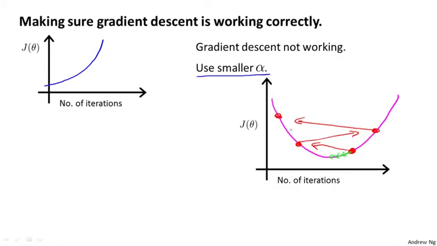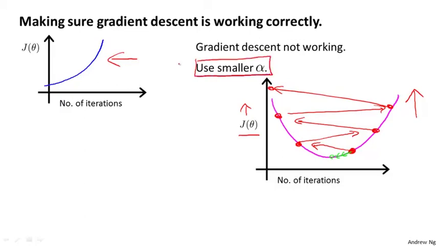But if the learning rate is too big, gradient descent can keep on overshooting the minimum, so you end up getting worse and worse, getting to higher values of the cost function J of theta, and you end up with a plot like this. If you see a plot like this, the fix usually is to just use a smaller value of alpha. Also, of course, make sure that your code does not have a bug in it, but too large a value of alpha is a common problem.